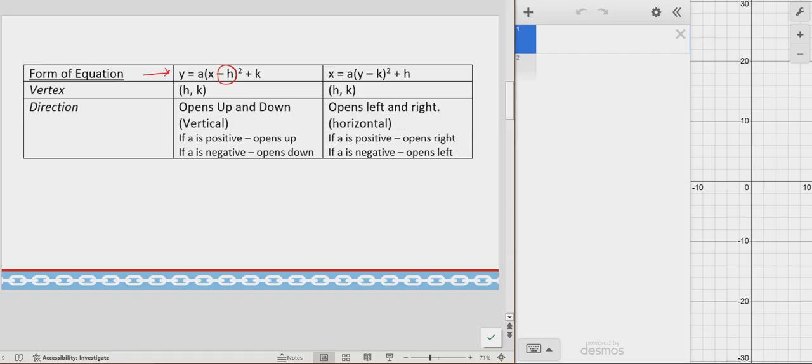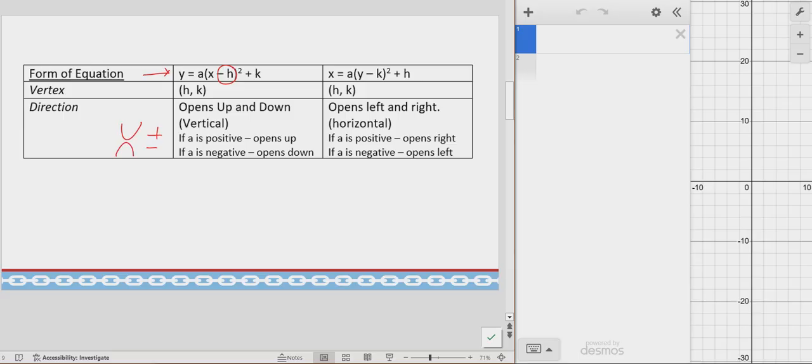So that should be fairly familiar to you. The a value out front controls the opening, whether it opens up or down. A positive a value gives you a smiley, happy, upward opening parabola, and a negative a value gives you a frowny, mad, downward opening parabola.